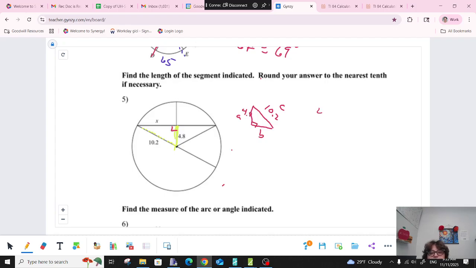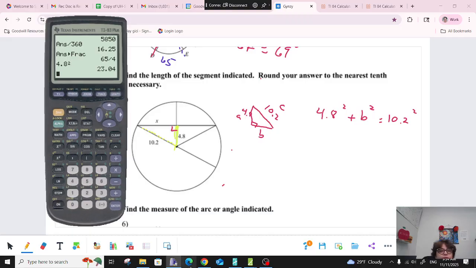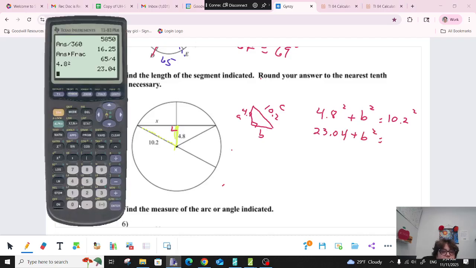So it would be 4.8 squared plus b squared is equal to 10.2 squared. So I turn this on. I do 4.8 squared, which is 23.04, plus b squared equals, what's 10.2 squared?